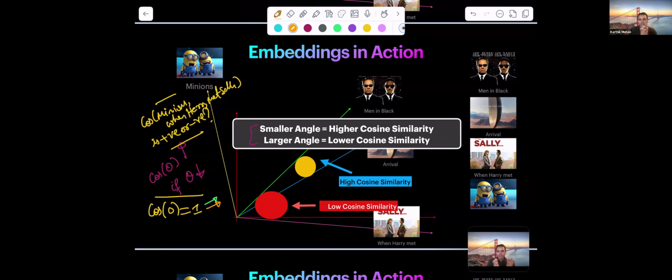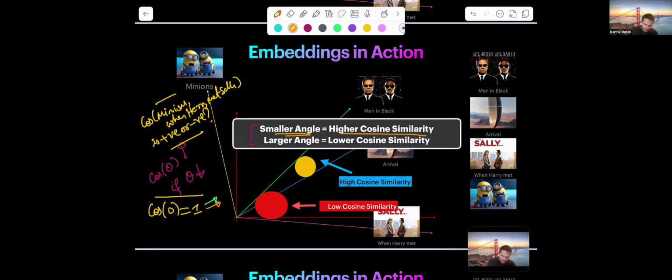So the angle is 0, but the cosine similarity is 1. So you don't have to look at the angle. That's why we say small angle is high cosine similarity, because 0 has the highest cosine similarity of 1. Two things are very much aligned. They're similar, right? That's what it means. If you're aligned, you're similar. That's the highest you can have.